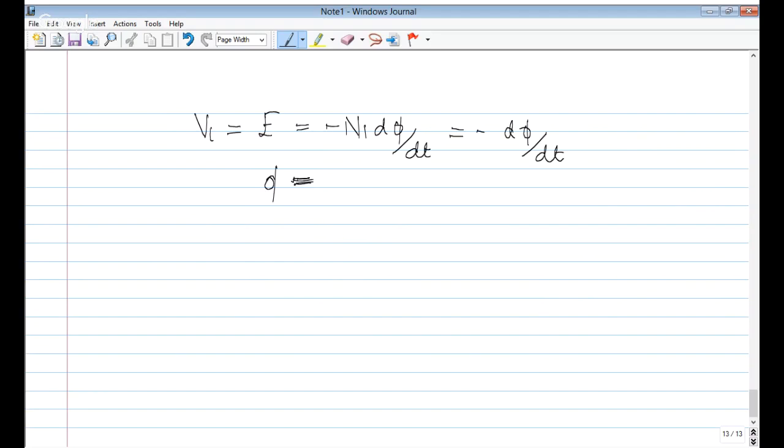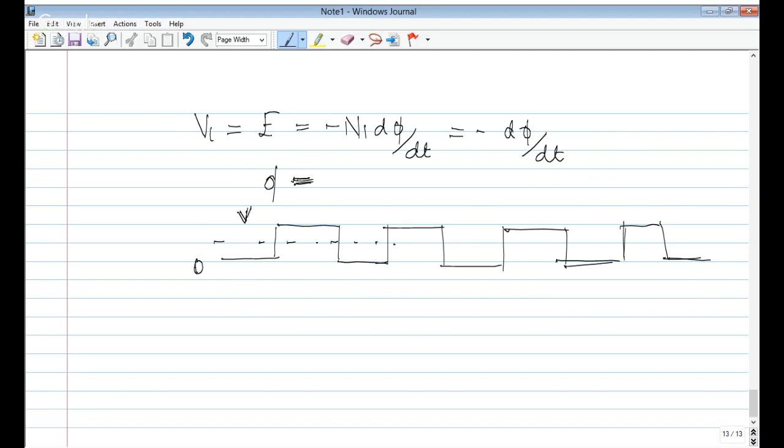See, there can be two cases. If this is your waveform, assuming that it starts from 0 to certain V, then it will have a non-zero DC value, that is V by 2.